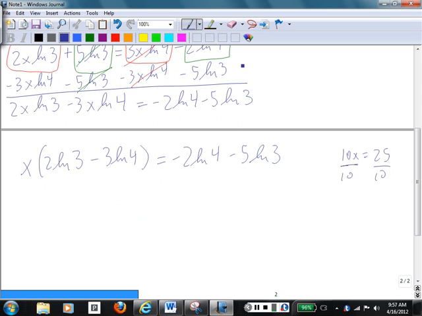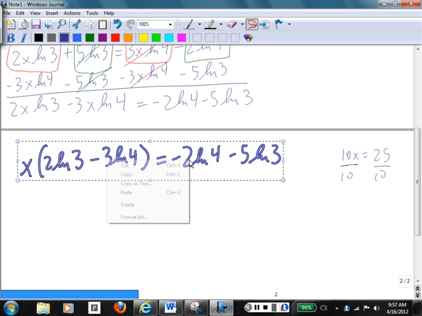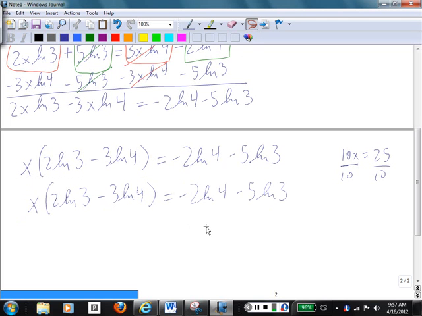I feel like I should copy and paste it down below there. Divide both sides by 2 times the natural log of 3 minus 3 times the natural log of 4.